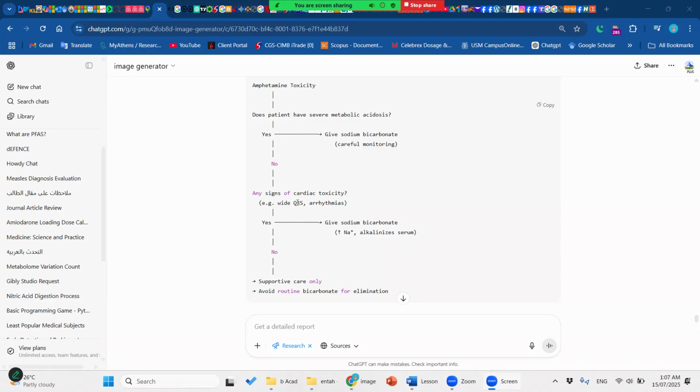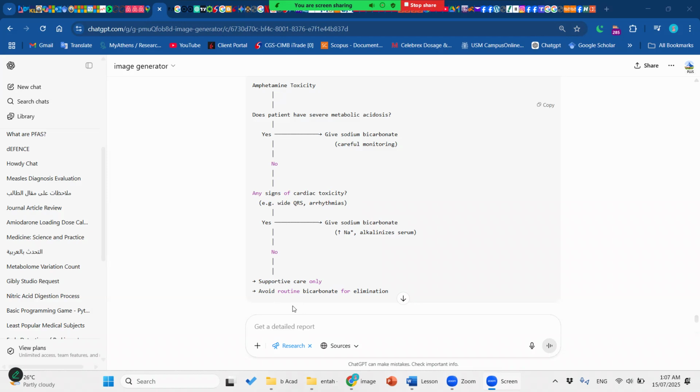If there are signs of cardiac toxicity, like the appearance of arrhythmias such as ventricular tachycardia, or wide QRS complex on the ECG, then yes, we might consider giving sodium bicarbonate to increase the sodium levels and alkalinize the serum. Okay, if not, then we only give supportive care.